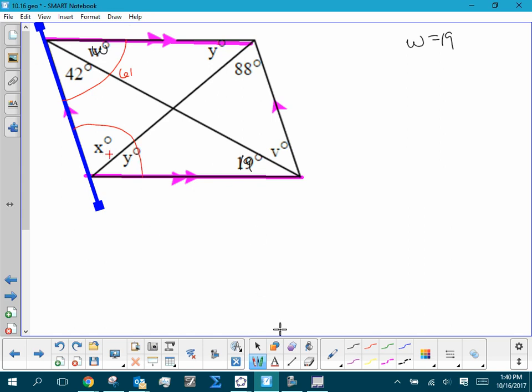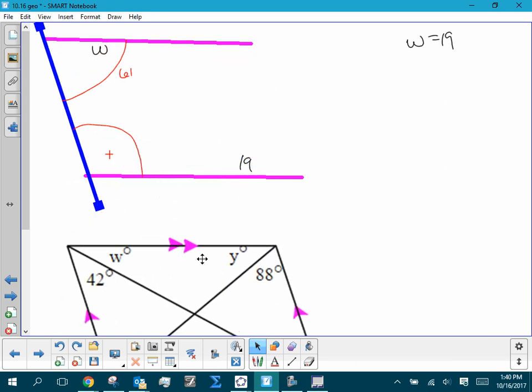Okay, so now if I take the image out of the background, this was X plus Y here. So now can I say 61 plus X plus Y equals what? 180. Okay, now that equation really doesn't get me what X and Y is, right?